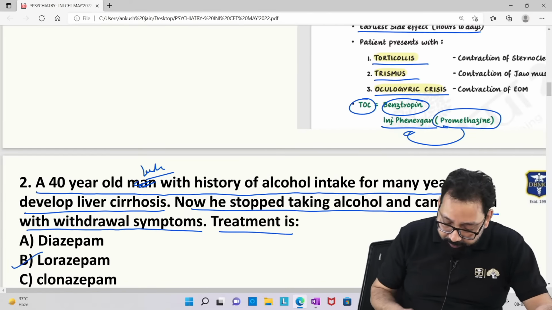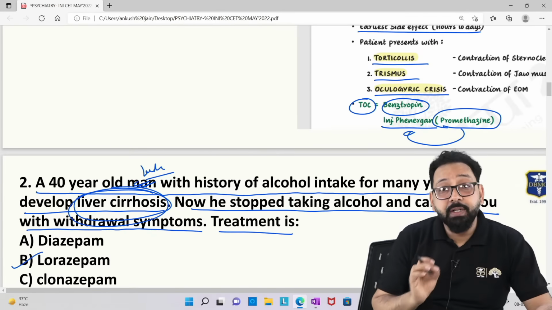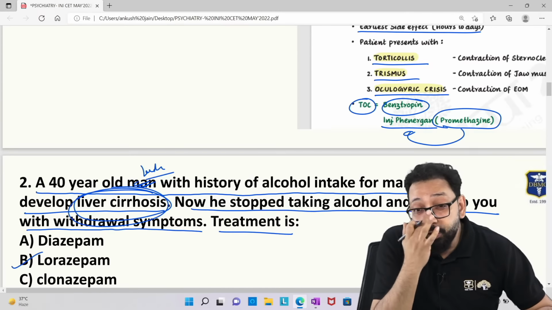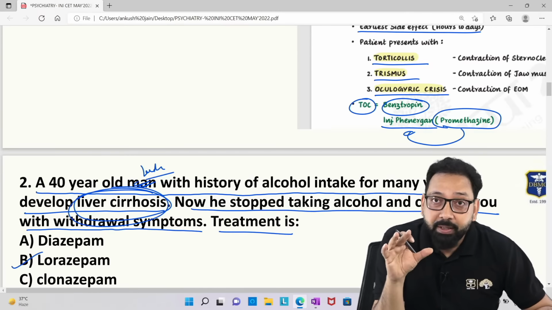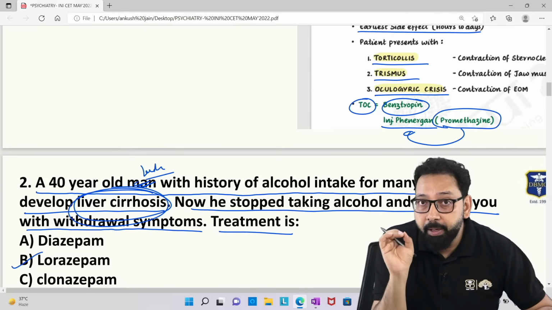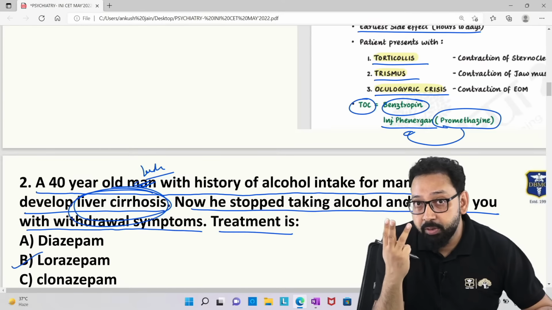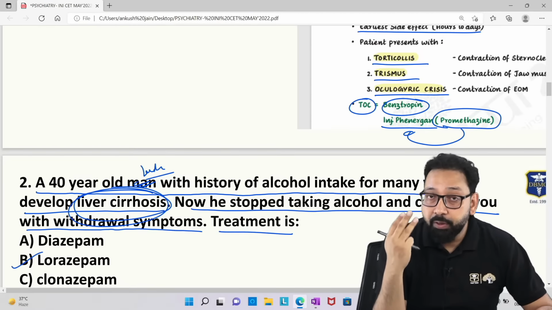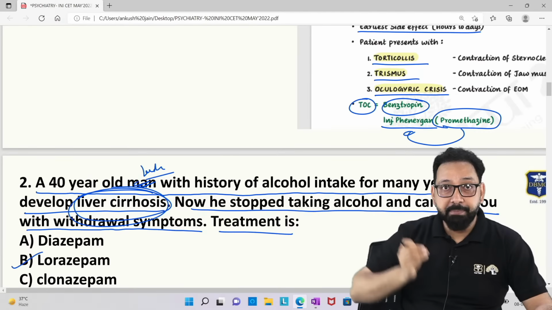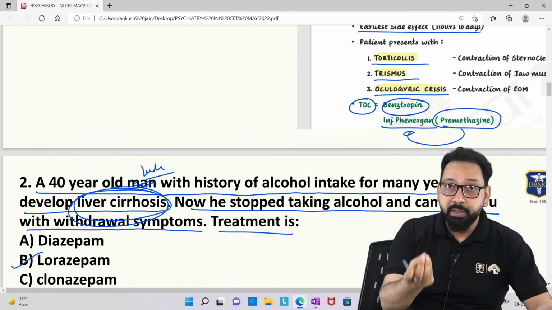In this question, we are concerned with liver cirrhosis, liver disorder. This is not a new question. If you see the old papers of AIIMS, recall based questions, you will find this question has been asked 3 times in AIIMS. One question was: you are sitting in emergency, an alcoholic patient came to you and you want to start detoxification.